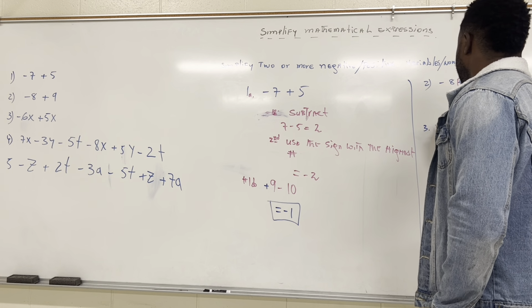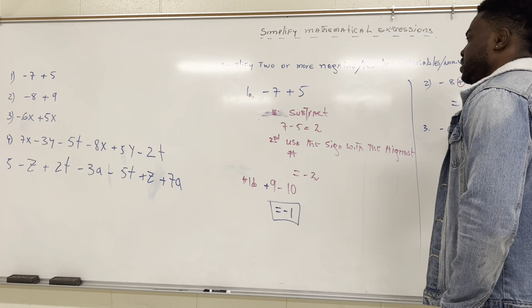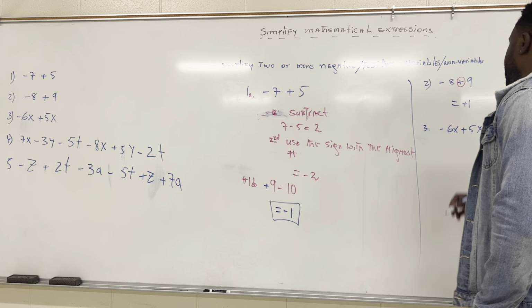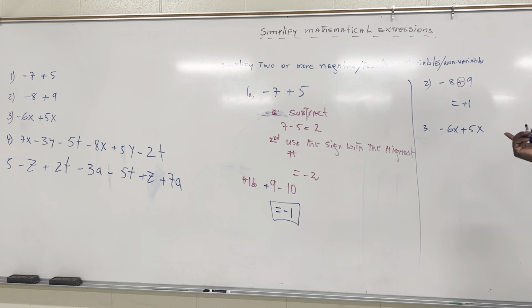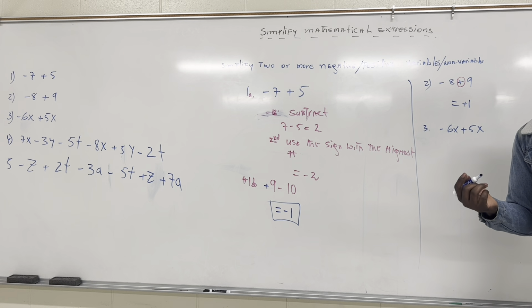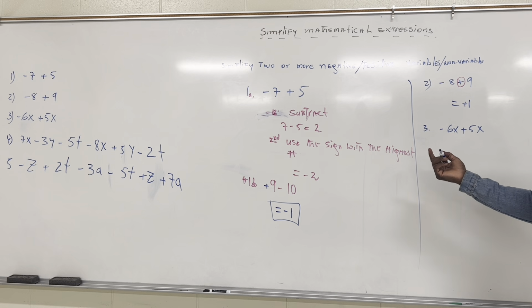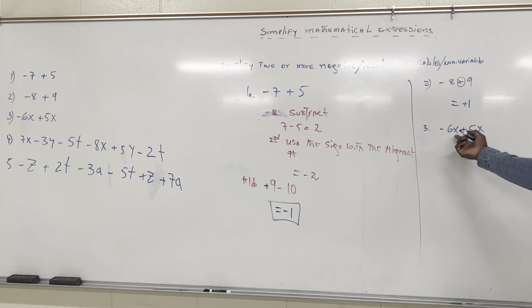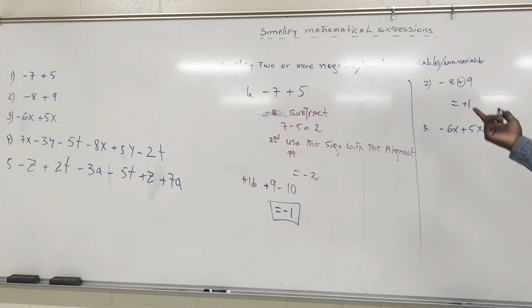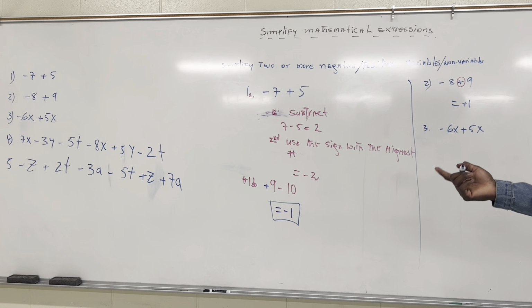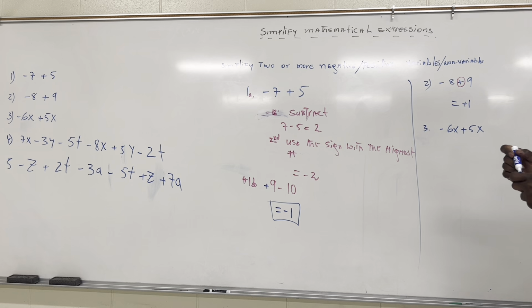All right, so let's do another example with variable now. Let's say that we have -6x plus 5x. And this one, we have variables. It's exactly the same thing. We don't have to overthink it. We use exactly the same idea that we used in this one. Since they are like terms, what we do first is subtract, and then we keep the sign with the highest number.